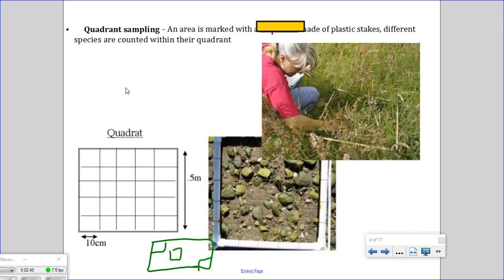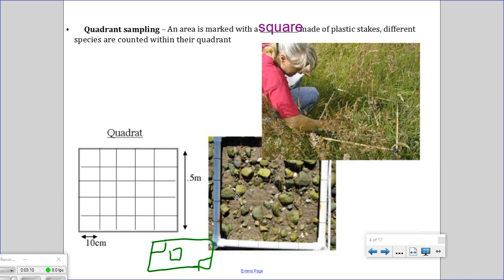Another technique is one called quadrat sampling, so get rid of that N in your note. This is where an area is marked with a square made of plastic stakes, and different species are counted within their quadrat. So a quadrat basically is a section of an ecosystem, usually a very small section that is staked off, and then the species on the inside are counted.